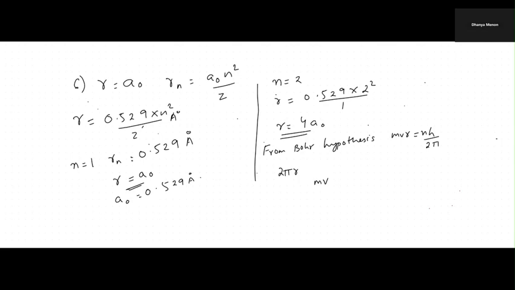We also know the expression for lambda is given by h by mv. We have this in our hand, so we can substitute this value. 2 pi r is equal to n times h by mv, and we can substitute it with lambda. So we get this expression: 2 pi r is equal to n lambda.